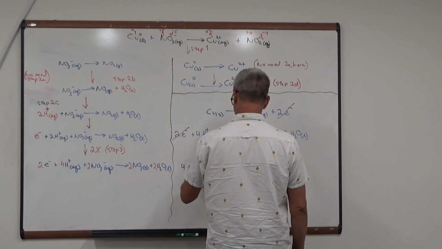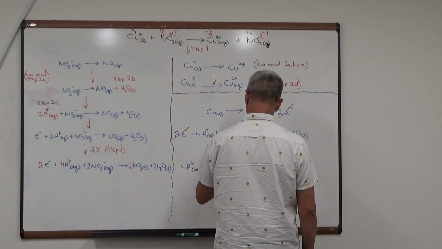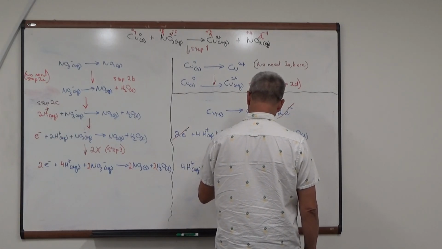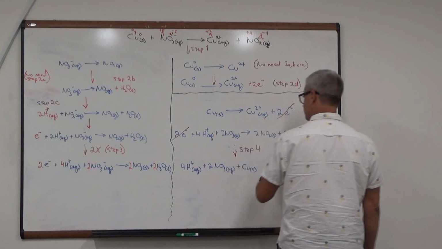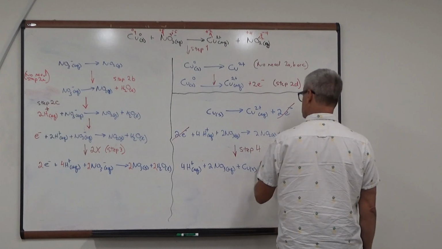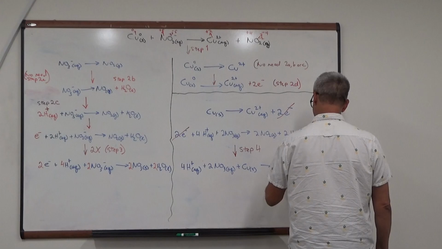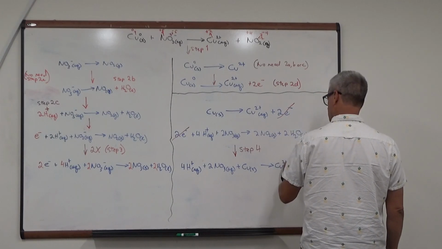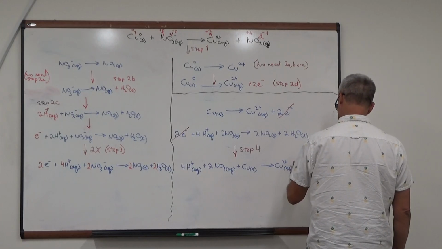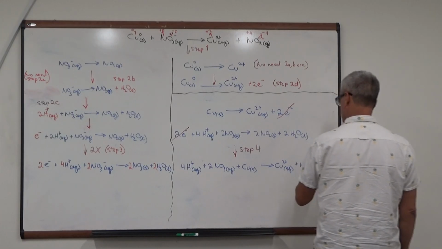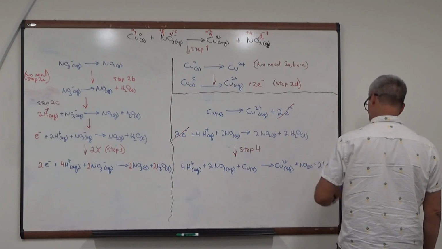Okay. Plus 2 NO3 minus aqueous plus copper solid goes to copper 2 plus aqueous plus nitrogen dioxide gas plus 2 H2O liquid.